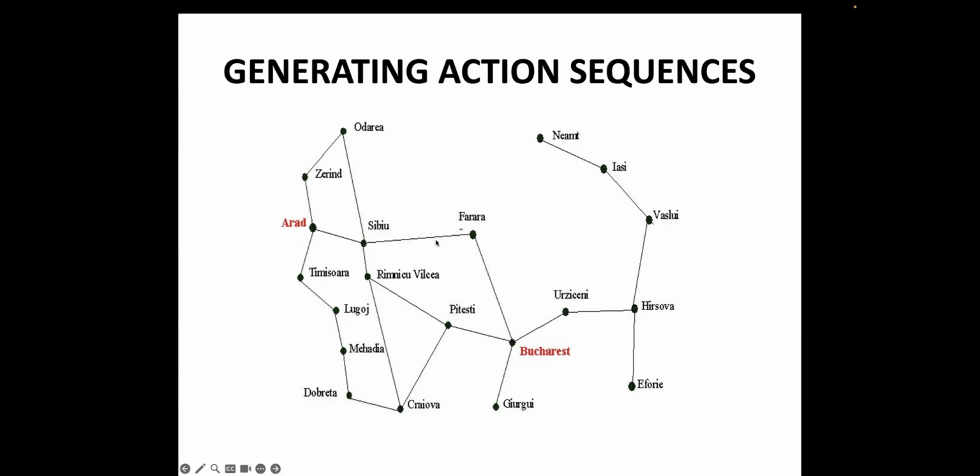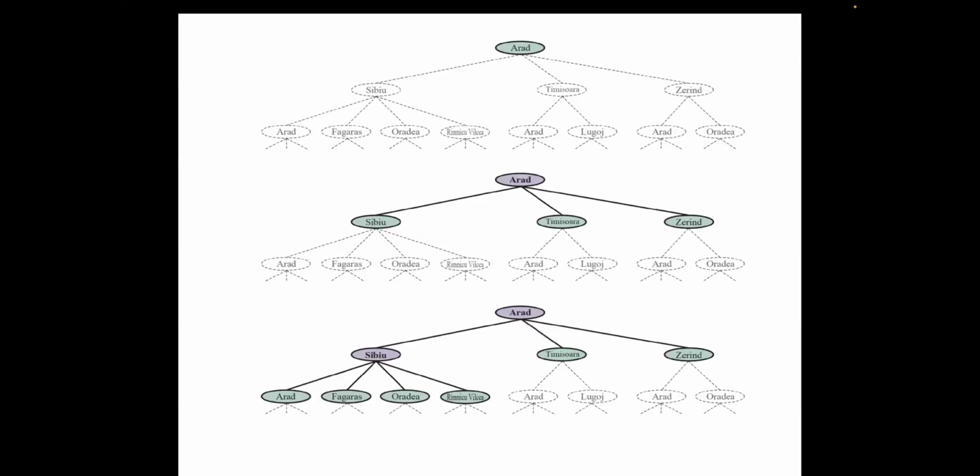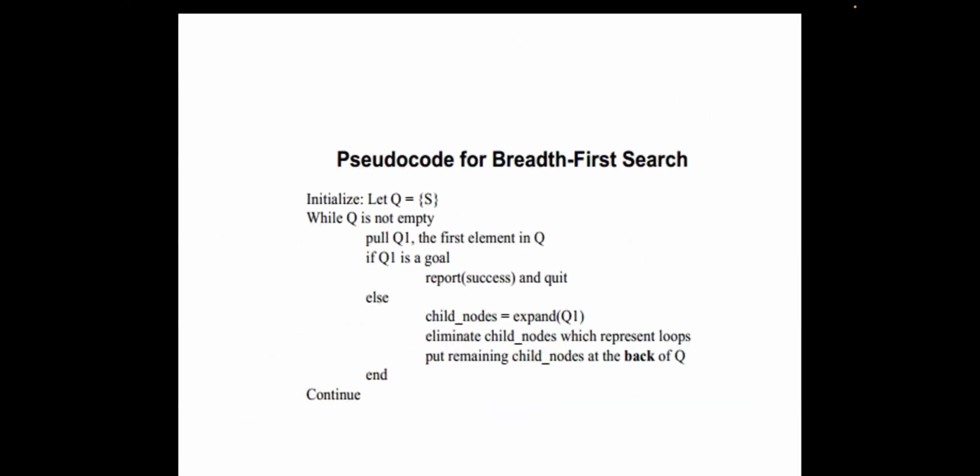Okay, so this is the concept we were talking about, how we are going to expand the children until we get to the goal. Now, let's talk about the pseudocode, having understood how to do breadth-first search. The first step in this algorithm is to create a list, and the first item in the list should be the start state, the initial state.